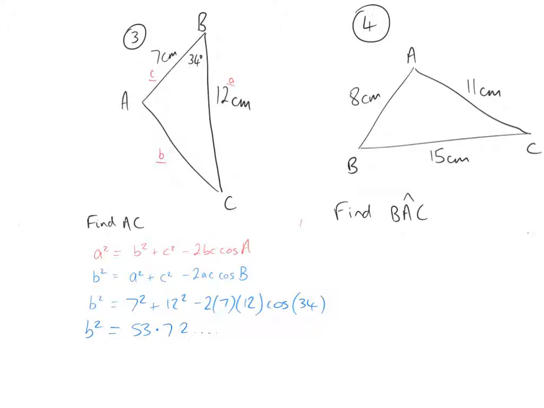Now, you do not round this number because we're not finished. It's not B, it's B squared. I now take the squared over to the other side, and it becomes a square root. The way I put that into my calculator is I put in the square root, and there's a button next to equals called A and S, and you press equals, and it should tell you that little b was 7.3 centimetres to 1 decimal place.